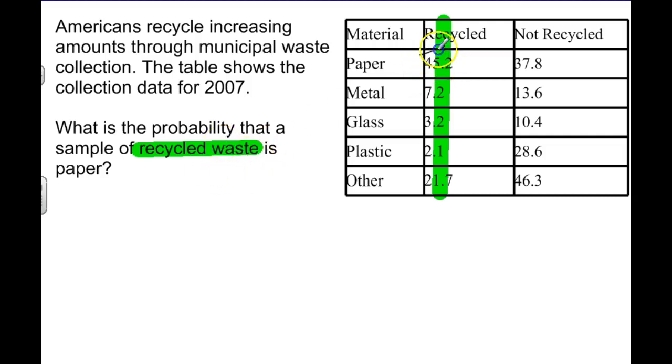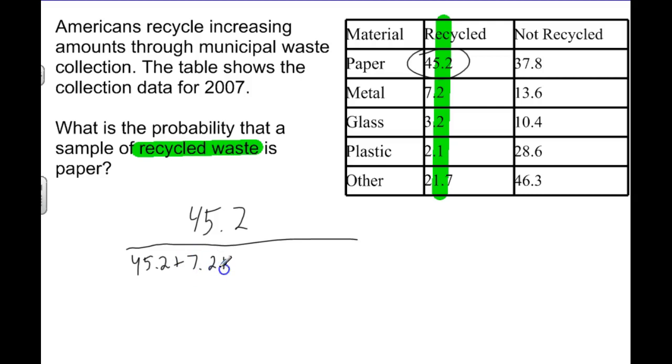I want to see if it's paper, so the fraction would be 45.2 divided by everything in that column: 45.2 plus 7.2 plus 2.1 plus 21.7. This is the grand total of all the recycled. Then type that in your calculator and you get an answer as a decimal, which would be fine.